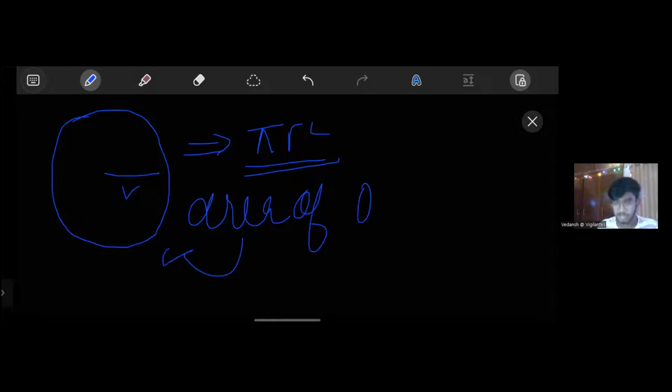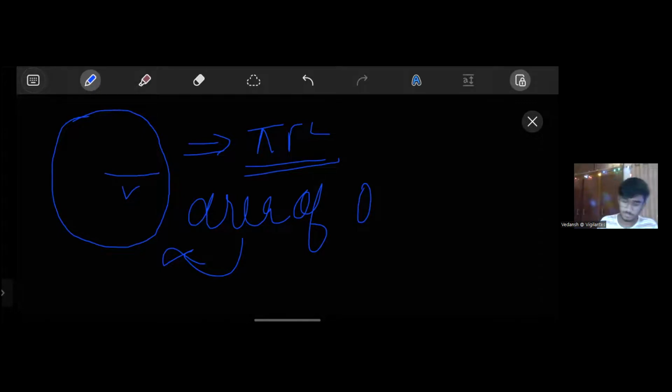Because this is the area of a circle, we call it the cross section area. Because circular parts of the wire are being cut, the wire is of a cylindrical shape. So if we cut it into small pieces, each one of those pieces would be circular.